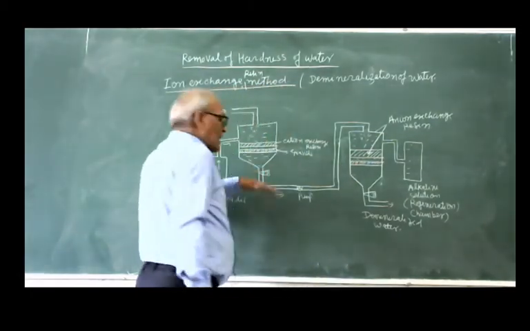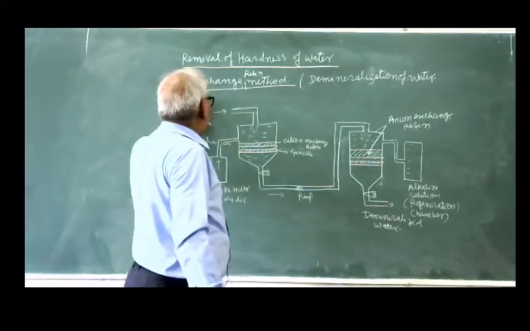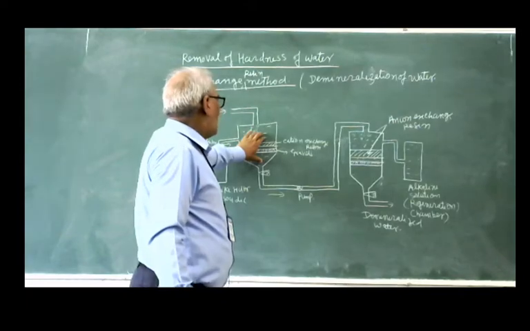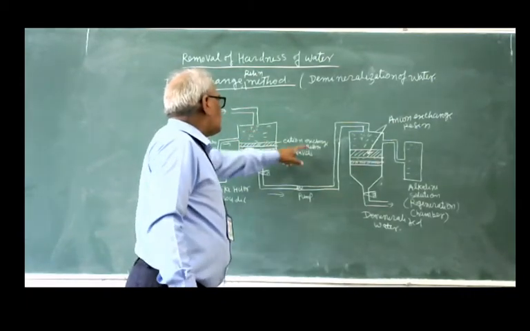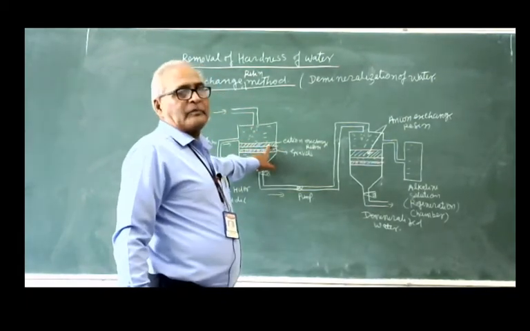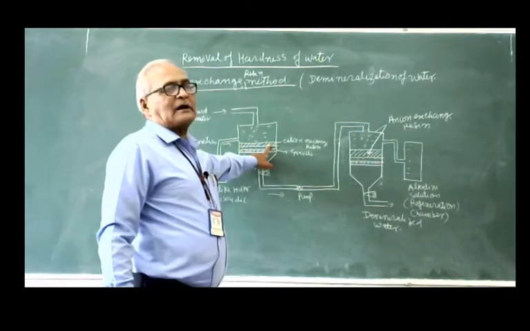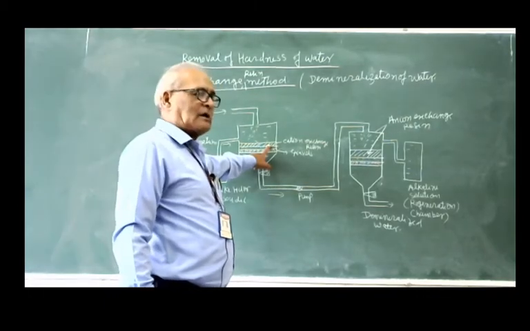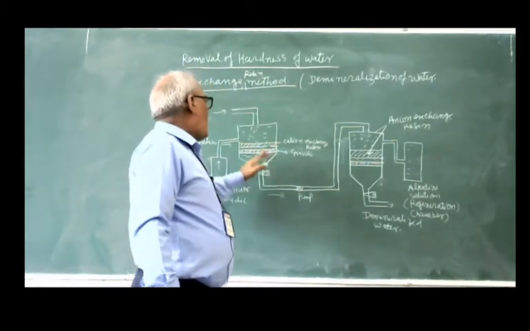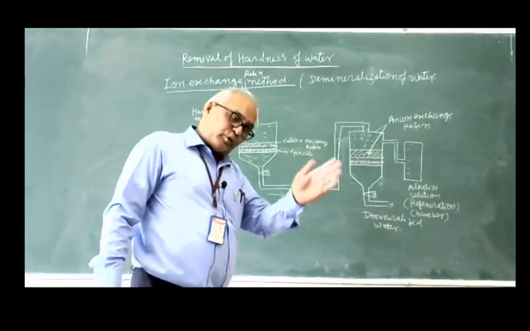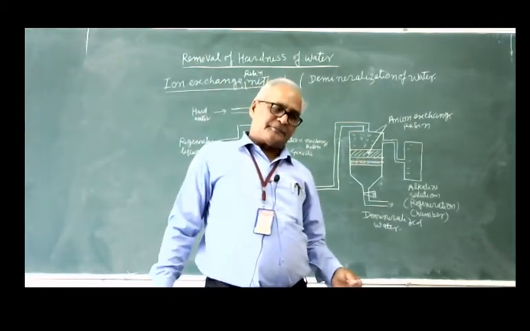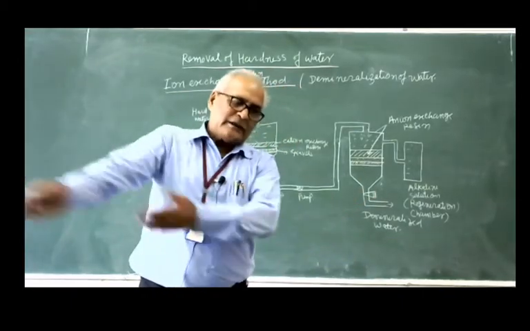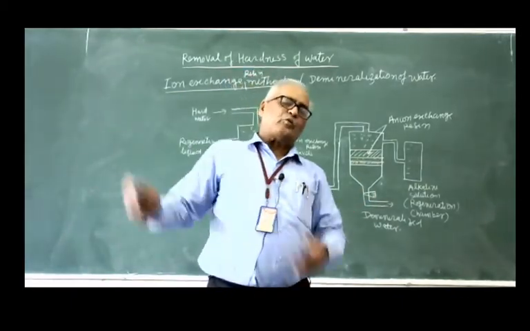Already I have told you, whenever hard water is passing through the first chamber, where the cation exchange resin is present, cations like calcium ion, magnesium ion are removed from the water by the action of the resin. Hydrogen ion is present over the resin functional group, SO3H. So hydrogen ion is replaced and it goes into the water.